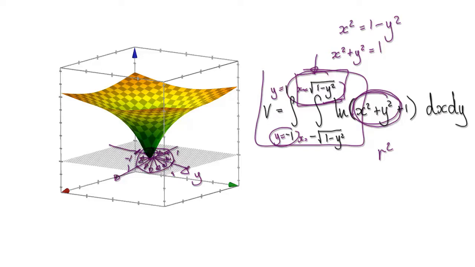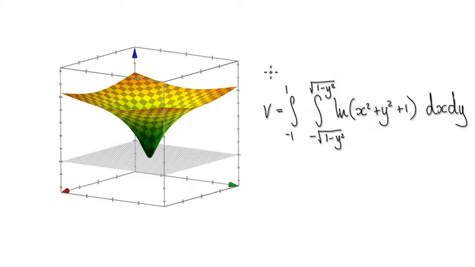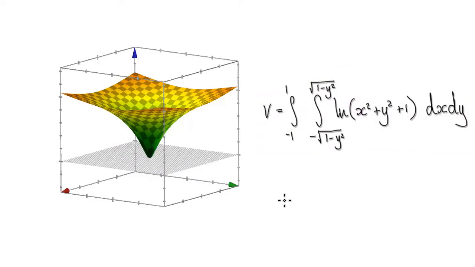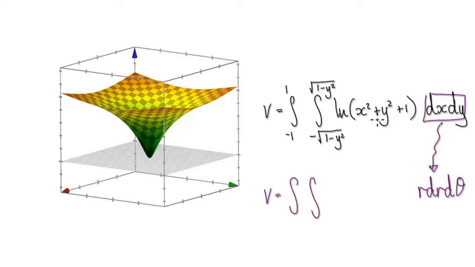Okay, so let's convert this into polar form. In polar form, V equals the double integral, and we've already seen why this is the case. When you convert it to polar form, it would be r dr d theta, and always keep an eye out for x squared plus y squared.